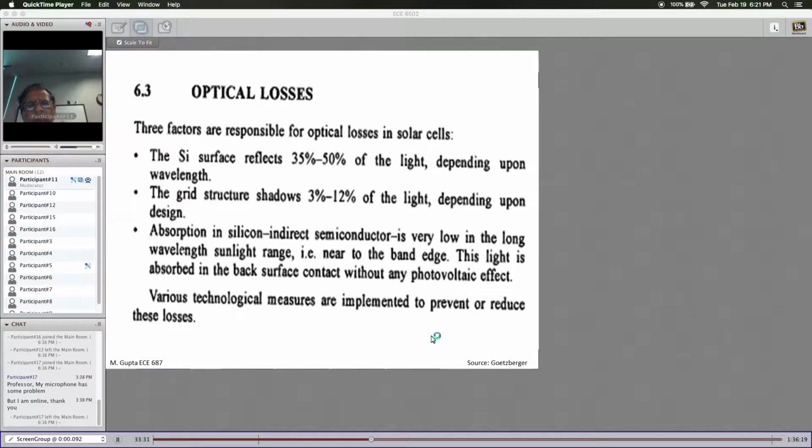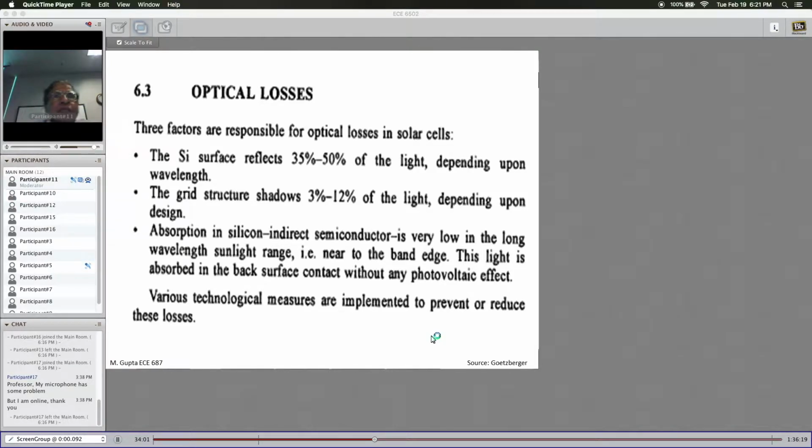So we came up with the idea that there are basically 3 or 4 different losses, and only a few we have to worry about. So we have some idea about the electrical losses. Today's focus is looking at the optical losses.